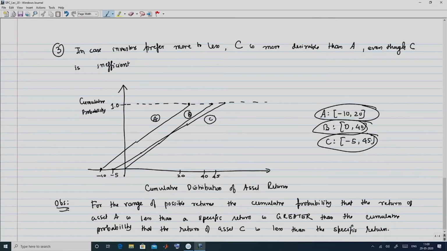So, if we fix a certain threshold value, then the cumulative probability of the returns being below that threshold in case of A, and you look at the cumulative probability of C for that same threshold, and you compare these two cumulative probabilities, you will observe that this cumulative probability in case of the asset A is going to be greater than that of the asset C, because you observe here that the graph A or the cumulative probability distribution always lies above C.